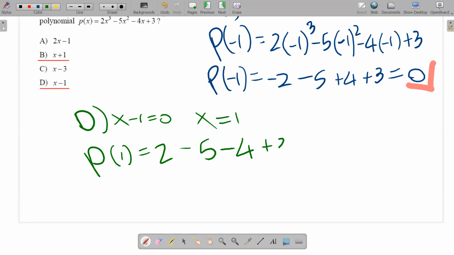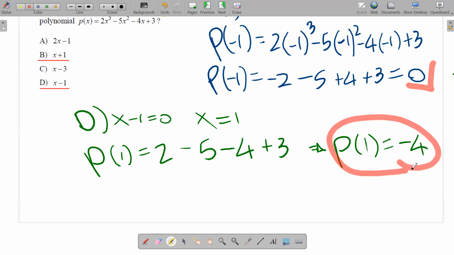And that's it, because each of these exponents for x is going to be at the end equal to 1. So it's going to be 2 minus 5 minus 4 plus 3. And all these will give us that P of 1 will be equal to -4. -4 is not 0. That's a number. That means that x minus 1 gives us a remainder, not 0. So D is the answer.